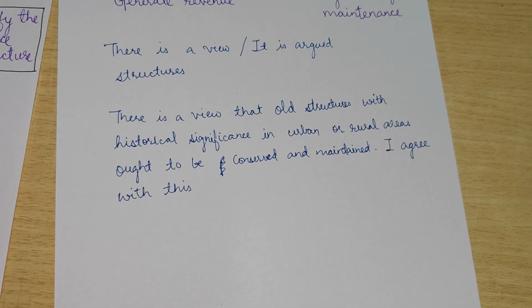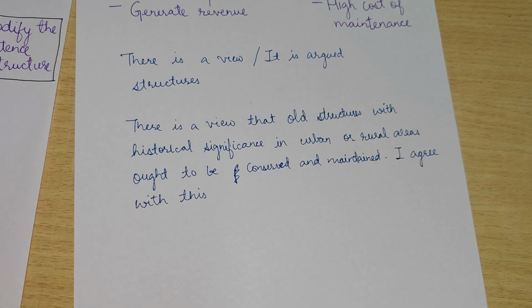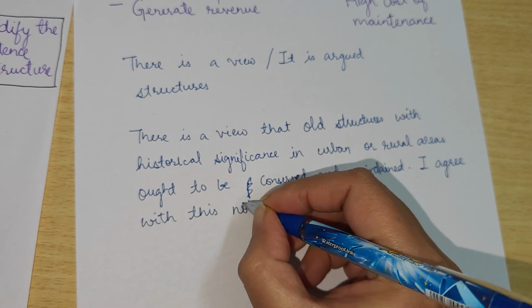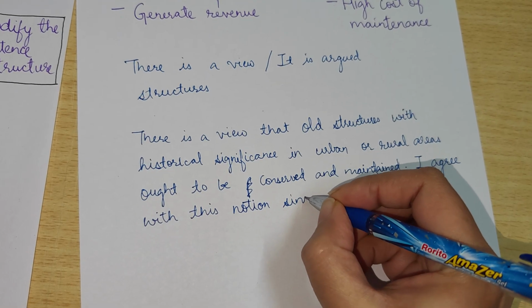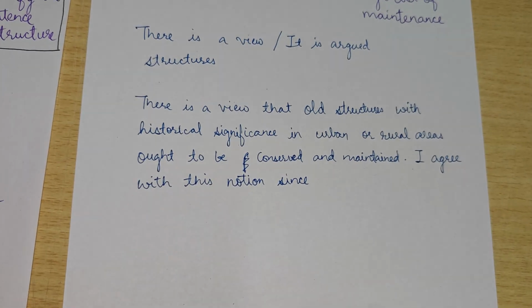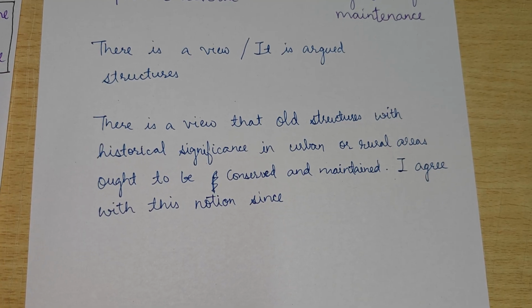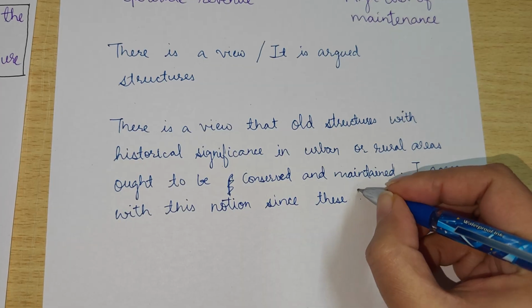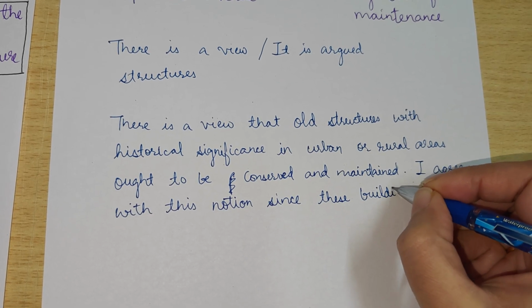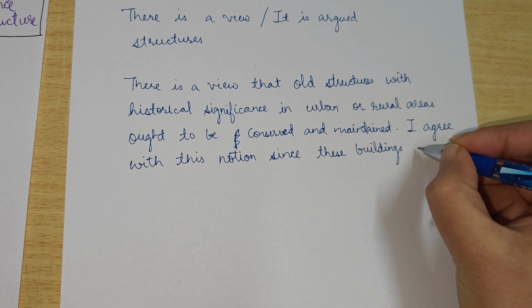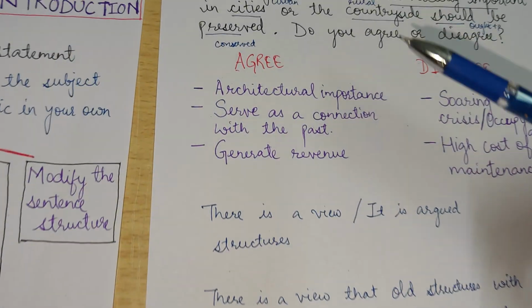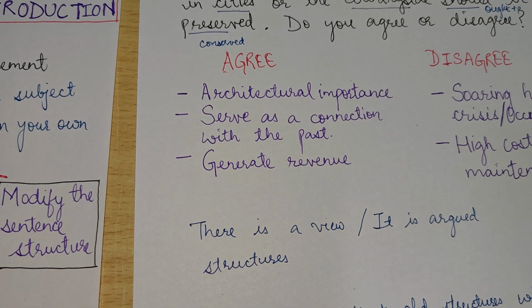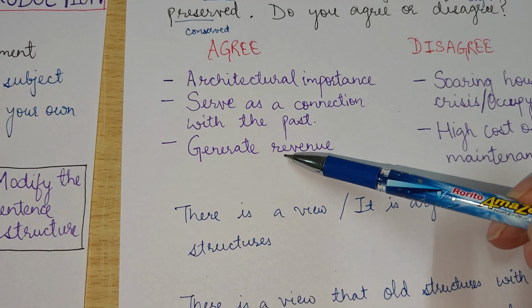You can say, I agree with this notion or statement since or as or because. Now comes our reason for that. This is very important. Since these buildings. So what were our main ideas for the agree part? You can say architectural importance, or serve as a connection to the past, or generate revenue. So I'll be using this and this.